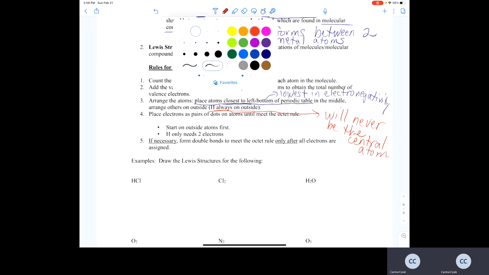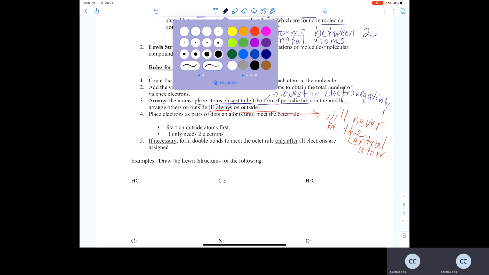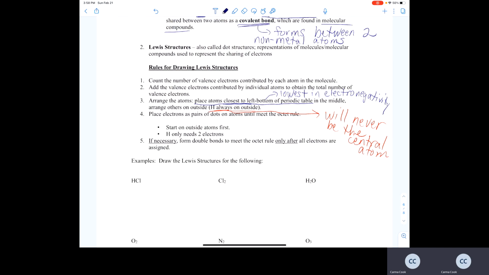Then once you've got the least electronegative atom that makes up the molecule in the center and all the other atoms arranged around it, you're going to place electrons as pairs of dots on the atoms until they meet the octet rule. That means they have 8 electrons around them.